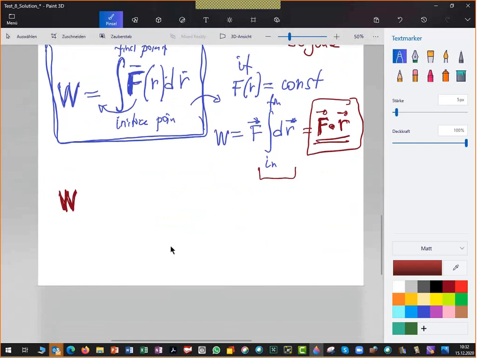If some object has no energy, it cannot do any work. So we will introduce energy as the capability of doing work.